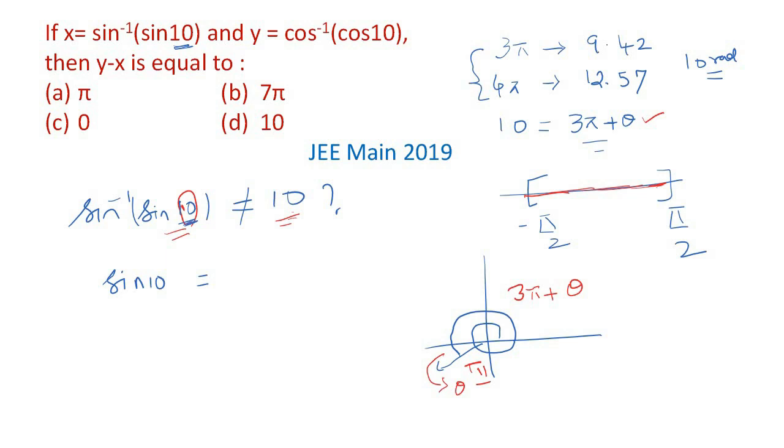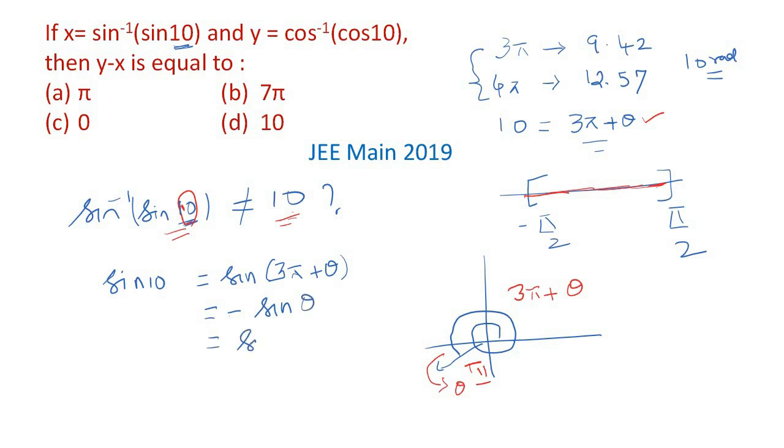Therefore sine of 3 pi plus theta is minus sine theta. So sine 10 is equal to sine of 3 pi plus theta, which is equal to minus sine theta, because it is coming in the third quadrant. In the third quadrant, sine is negative.